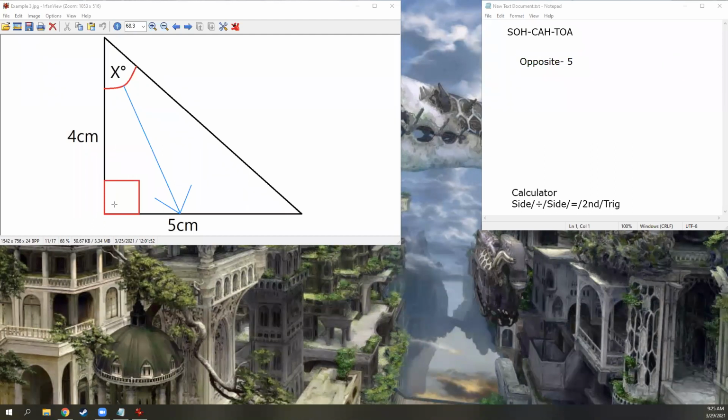And now my favorite thing to do, of course, after finding the opposite is looking for a hypotenuse. And when I look for a hypotenuse, I find nothing. No hypotenuse, no h.